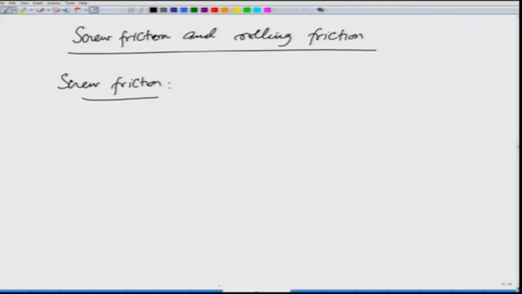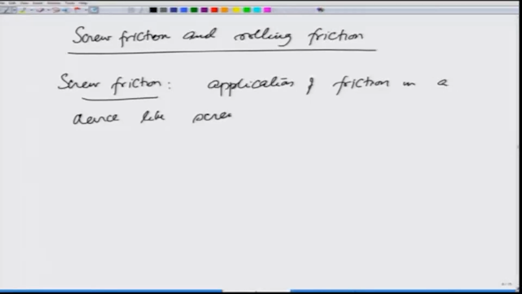Screw friction is nothing but a very specific application of friction in a device like a screw jack, so that there is no slip.